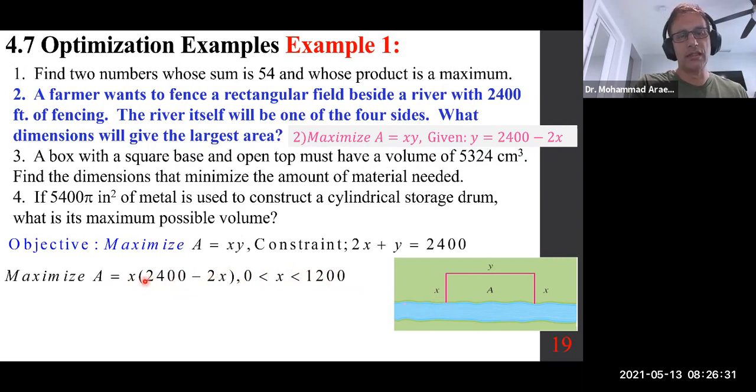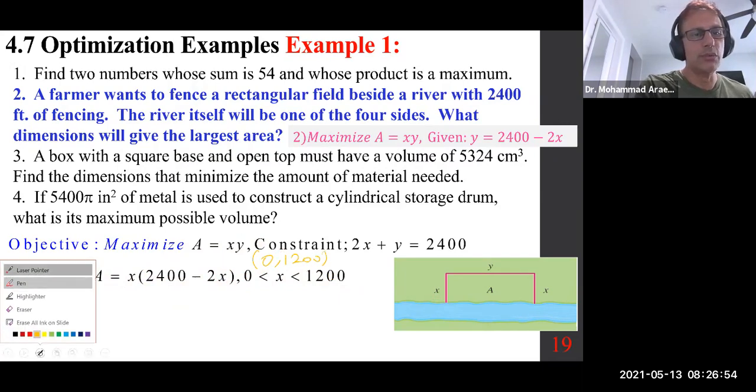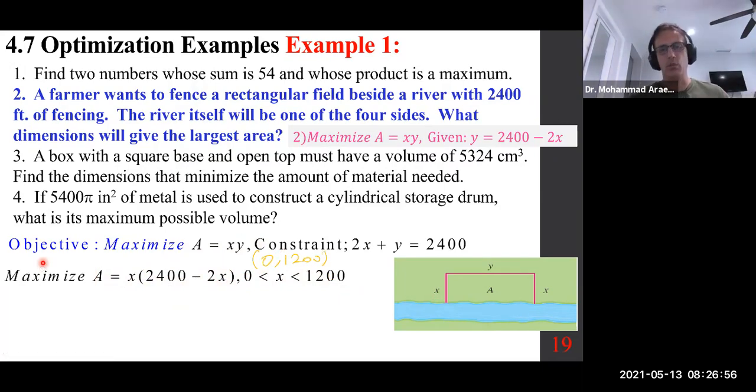If you set the second piece, the parenthesis, equal to 0, x becomes 1,200. If you pick a number larger than 1,200, this parenthesis becomes negative and the area becomes negative. Therefore, this is the open interval, and I write it in this format also, 0 to 1,200. That is extremely important, and I'll tell you in a moment why.